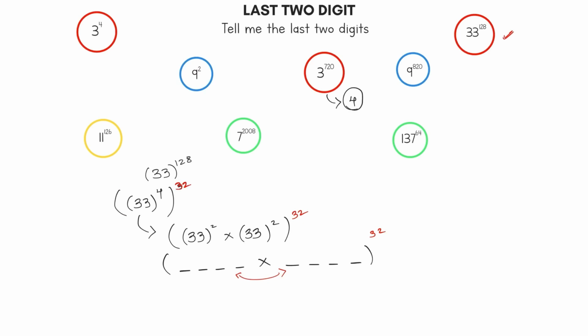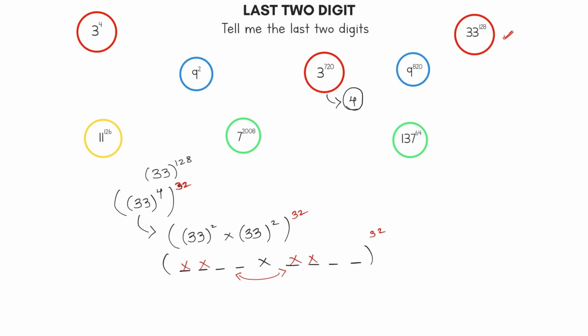But my question here is, why do you need to do so much calculation here as well? The only thing I need here is the last two digits. So let me just think from the last two digits point of view only. I will not care what the digits are here, and then here. I only care for what are the last two digits of 33 square.